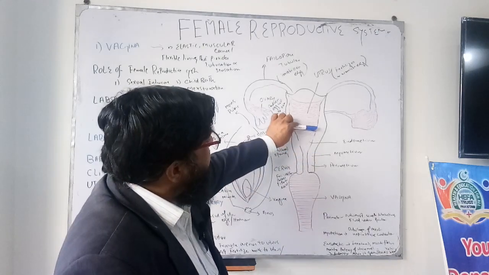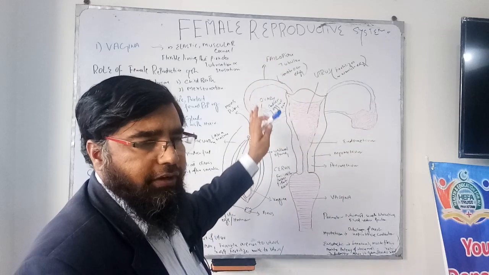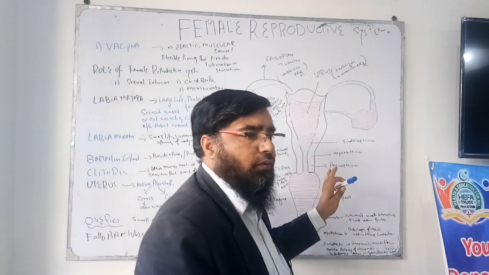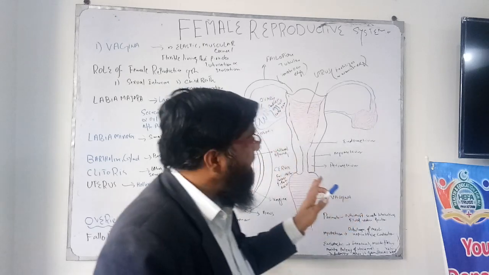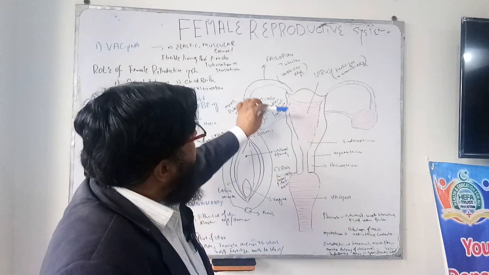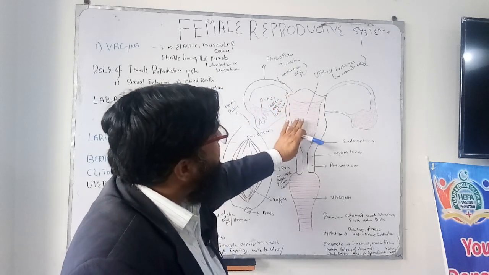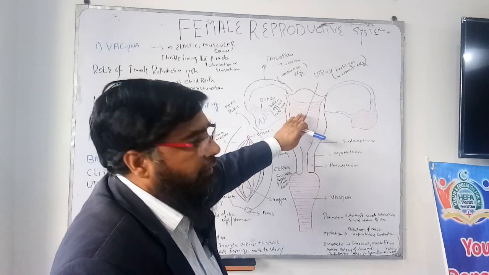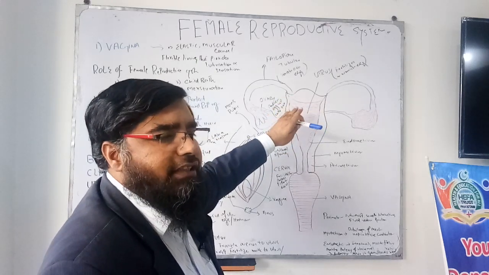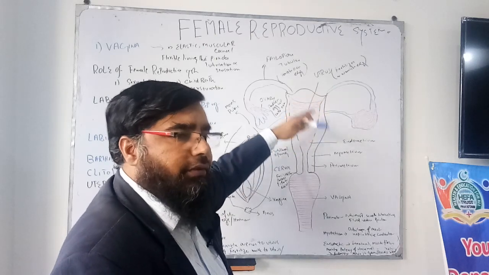After discussing these, we will go to the function of these parts one by one. Here we are discussing only the diagrammatic view right now. If you look at this part, this is a hollow-shaped uterus where the baby's egg fertilizes and the baby is nourished from the very first day to nine months.